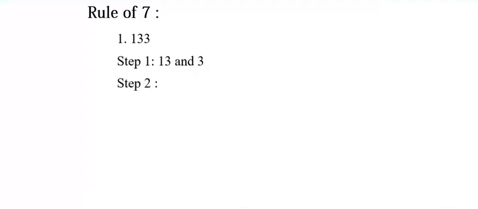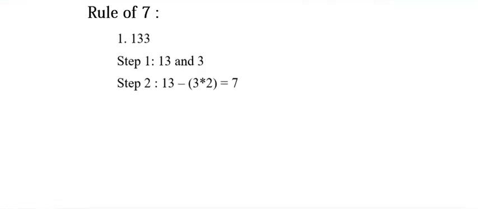I'll take 13 only. 13 minus, what is the left out term? 3. I'll multiply with 2. Every time I'll multiply with 2. The left out term will always be multiplied by 2. So what is the answer? 13 minus 6, I'll get the answer as 7. Now is the number 7 divisible by 7? Yes, that means this number 133 is completely divisible by 7.